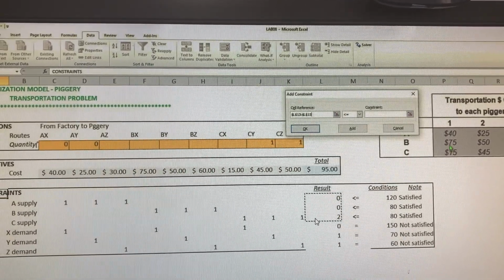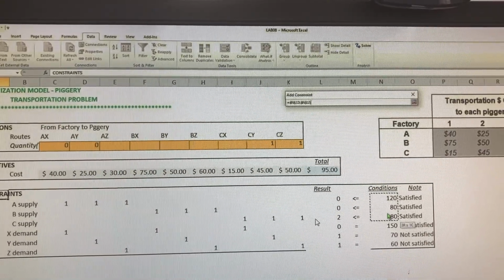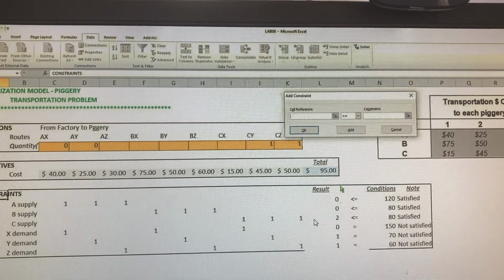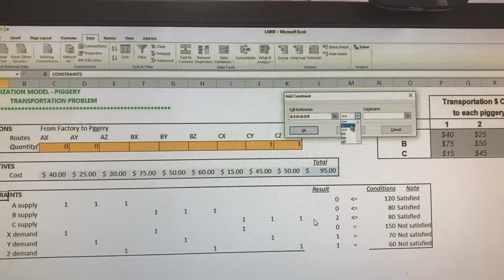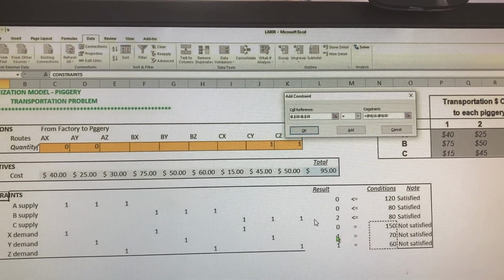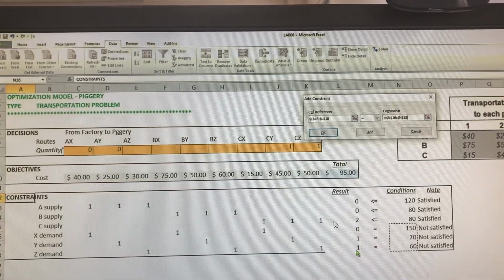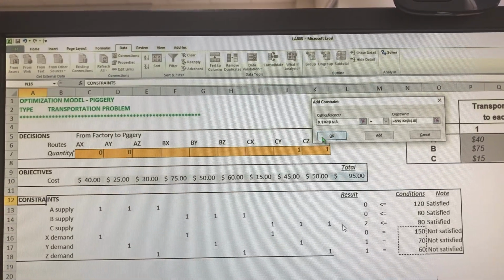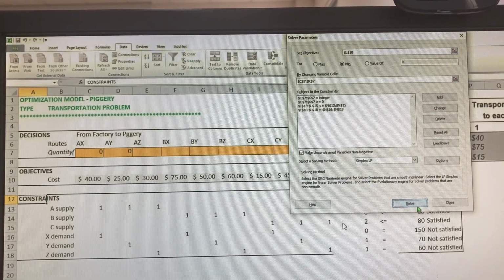The supply should be less than or equal to the maximum capacity. Continue, the demand should be exactly equal to the demand. The demand here means the total number of trucks sent to each piggery should be here. Now, select the simplex LP and click solve.